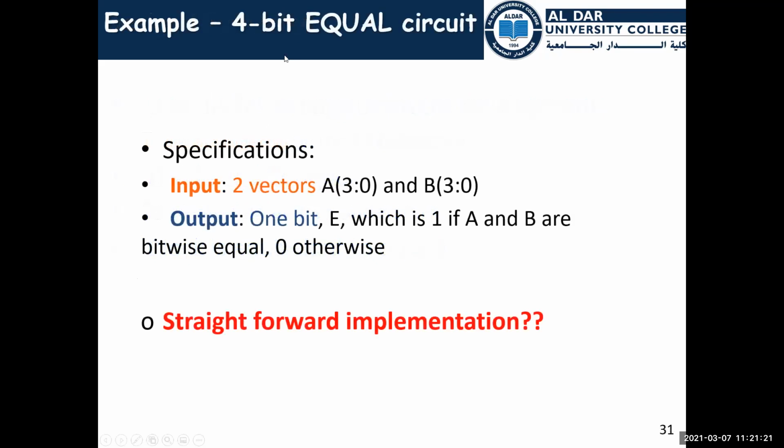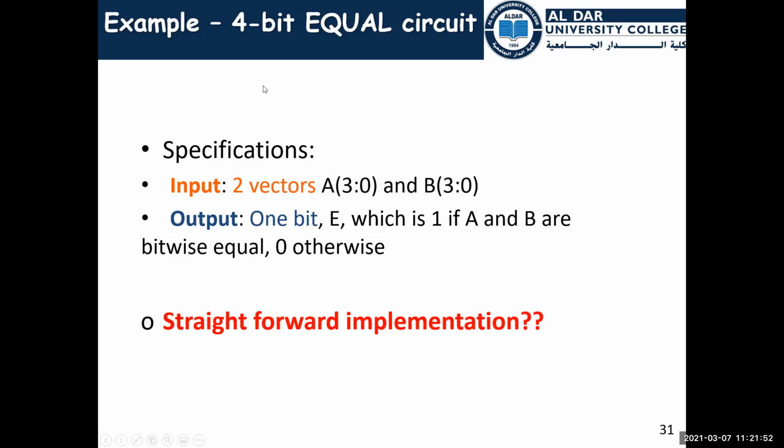For example, we will take the equal circuit. It is a 4-bit equal circuit. It takes two vectors, A from 3 to 0 and B from 3 to 0, which means this is 4 inputs, and this is also 4 inputs. The most significant bit is at level 3, so this is 0, 1, 2, 3.